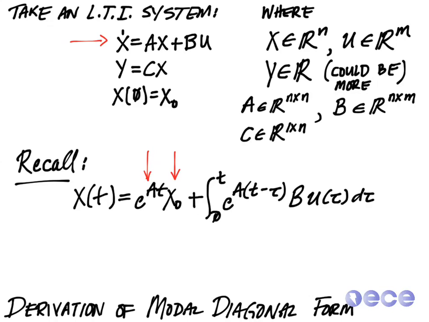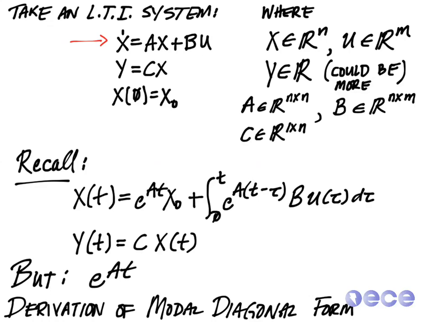This piece defines the transient response to the initial conditions. And then we have this piece that describes how we respond to new inputs. Again, we use the exponential matrix here, e to the A(t minus tau) times B u of tau d tau. And y we calculate after we calculate x.